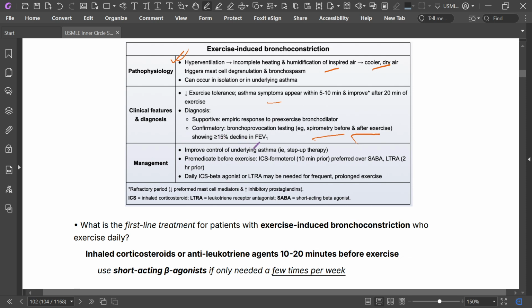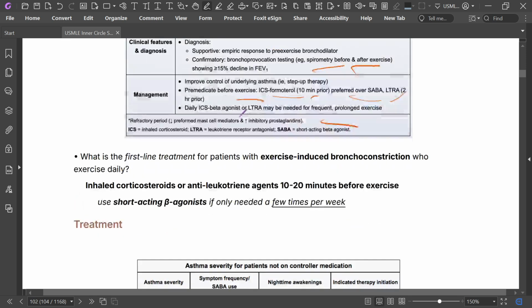Improve control of underlying asthma, step up therapy, and premedicate before exercise. Inhaled corticosteroid-formoterol 10 minutes before is preferred over SABA; LTRA, leukotriene receptor antagonist, 2 hours prior. A daily inhaled corticosteroid, beta agonist, or LTRA may be needed for frequent and prolonged exercise.